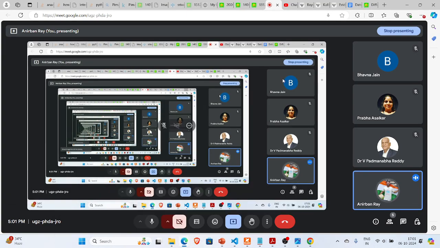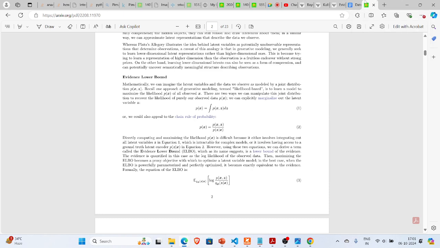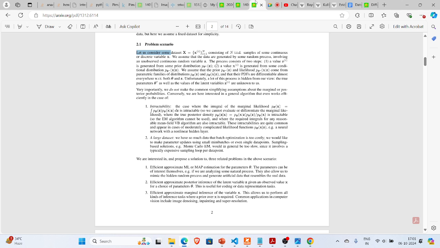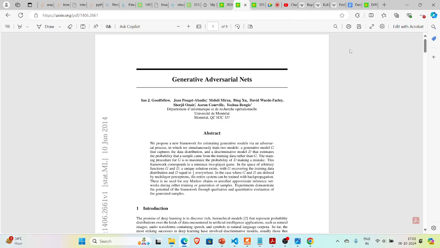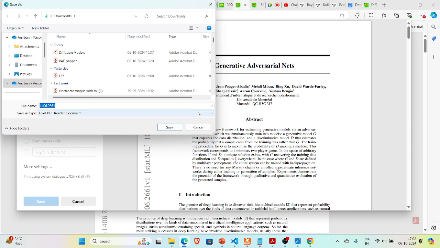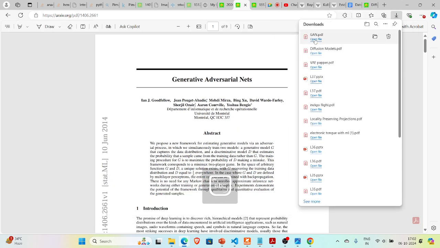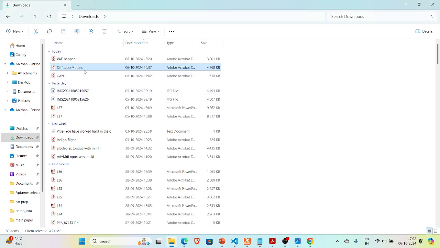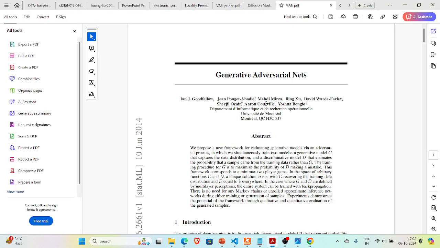So let me download this paper. Okay, so focus on generative adversarial network.